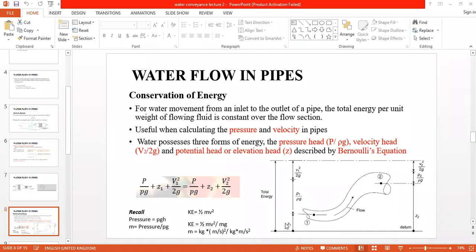So we have the Z plus this is equal to a total energy here, which is similar at this point, only that now the Z has increased, but these other components have reduced. So that's the principle of conservation of energy.